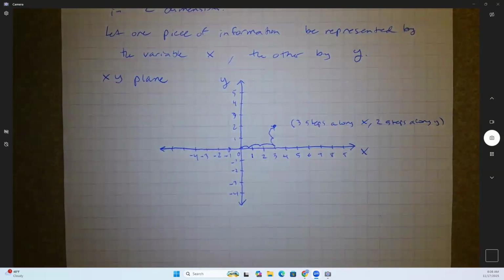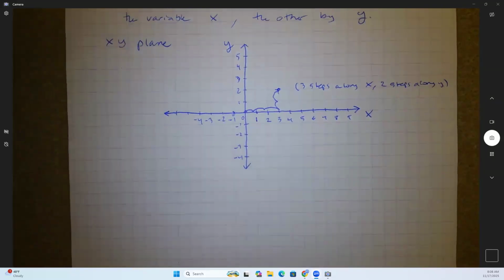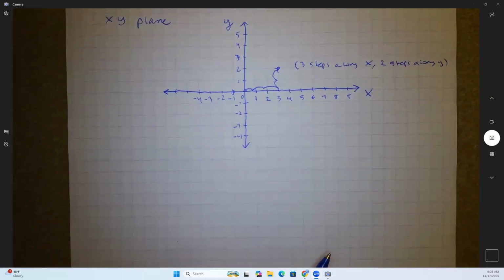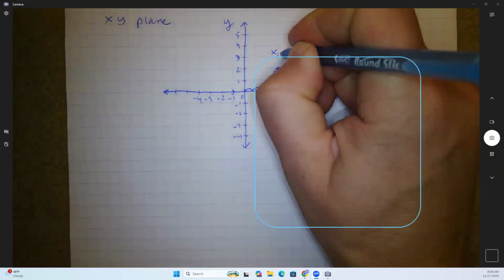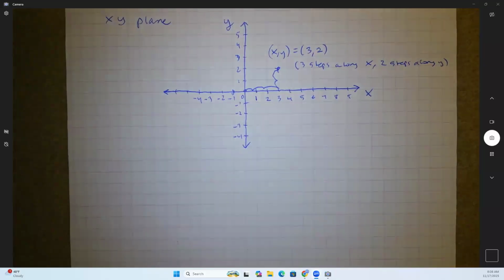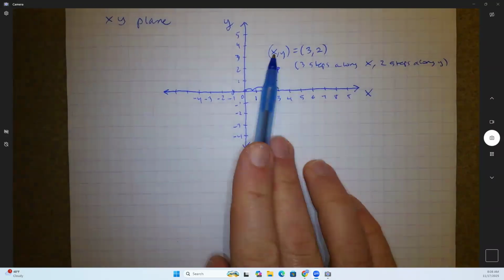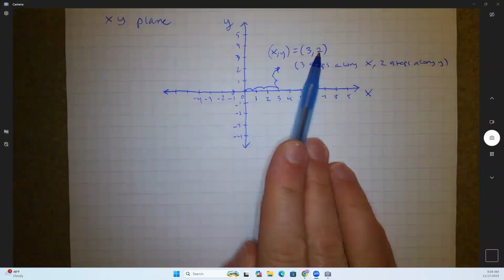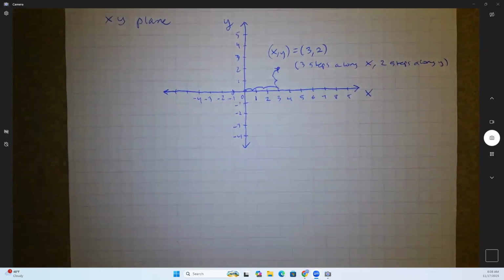If I take 3 steps along the X and 2 steps along the Y, I'll end up right at that point. And we indicate this information a little more briefly by saying x comma y equals 3 comma 2. That tells us that we took 3 steps along the x and 2 steps along the y.